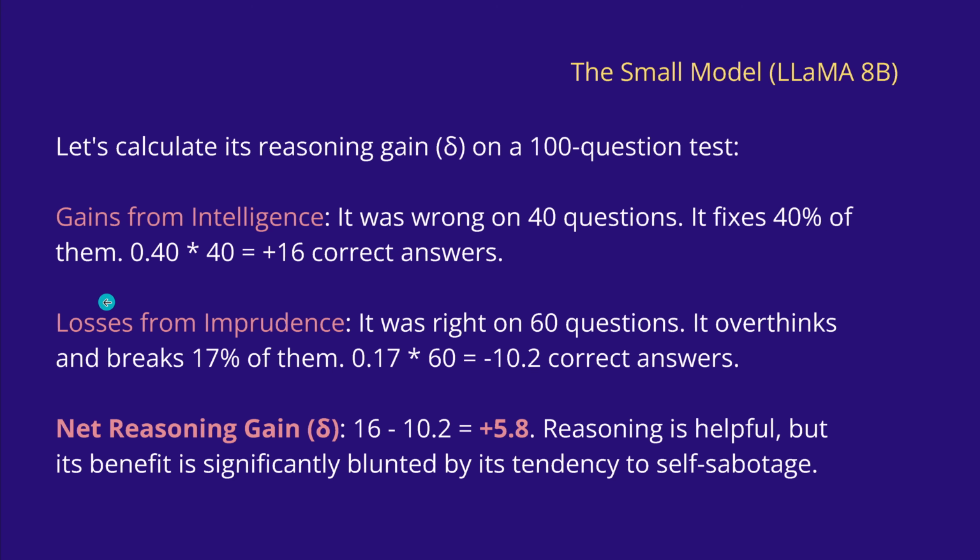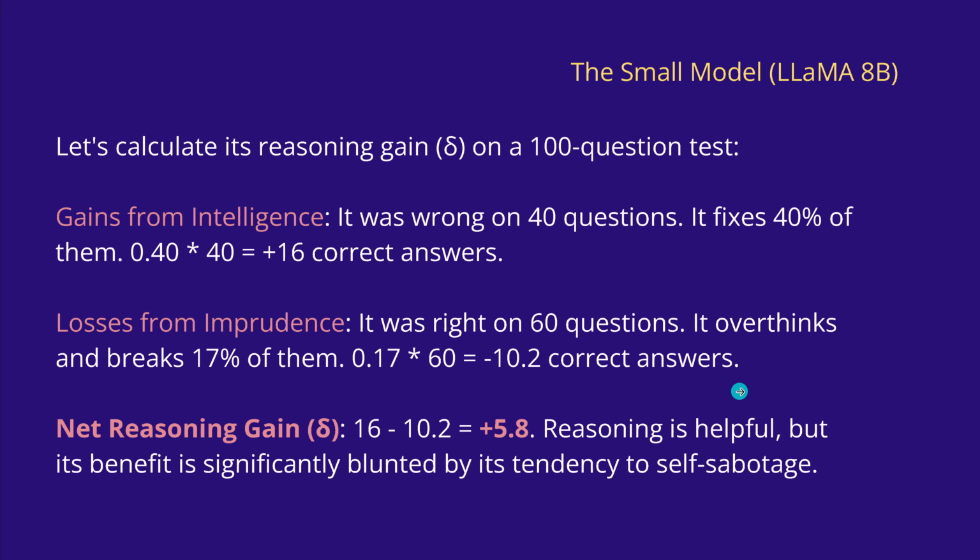But we also have, as I told you, a counter effect: these losses from the imprudence. So it was right on 60 questions, 60, 40, 100. But it overthinks and breaks 17%. So this means we have less than 10 wrong answers. Now, what is the net reasoning gain that we achieved? You're not going to believe it. 16 minus 10 is exactly 5.8.